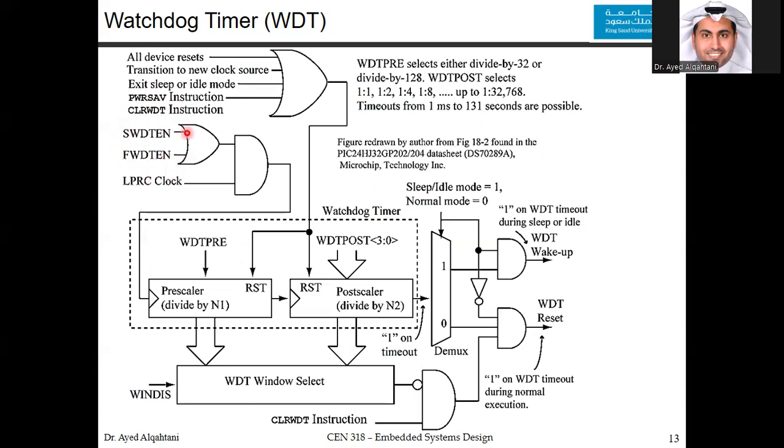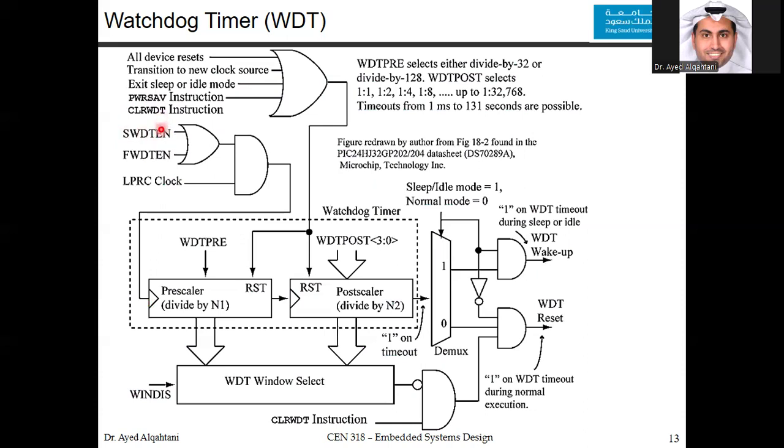And remember, in the special function registers of the watchdog timer, we have a bit that always enables the watchdog timer if you set it to 1. Or it could be enabled or disabled using the software enable for the watchdog timer, which is this one.